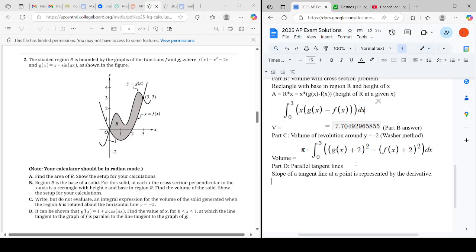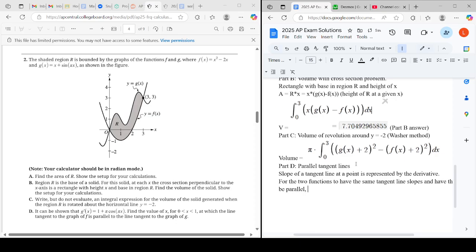So for the two functions to have parallel tangent lines, f prime of x must equal g prime of x. So this means f prime of x equals 2x minus 2 equals x plus sine pi x.